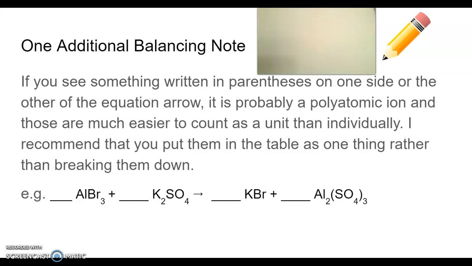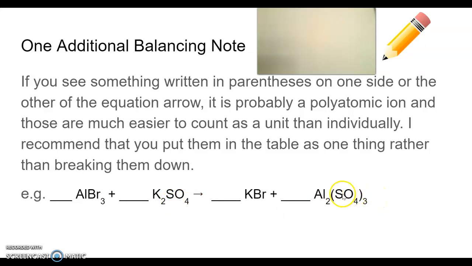So for example, in this problem here on the screen, we can see that there's this SO4 that's in parentheses. That's called sulfate. And if I look on the other side, I can see, oh, it's right there. So sulfate is 1 sulfur connected to 4 oxygens in such a way that it can pick up 2 extra electrons and make 2 bonds.